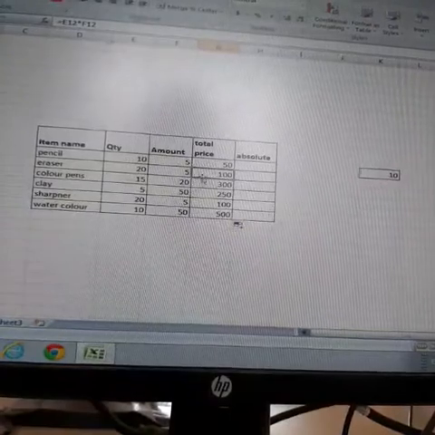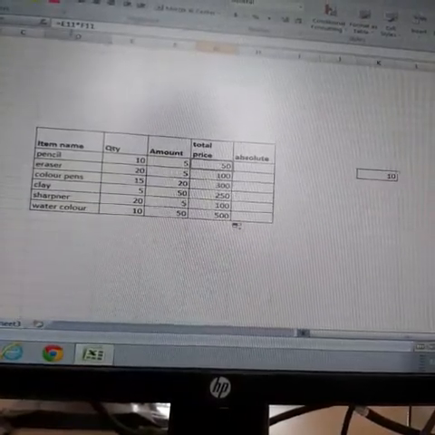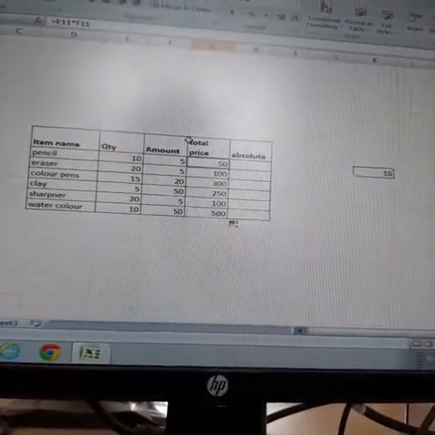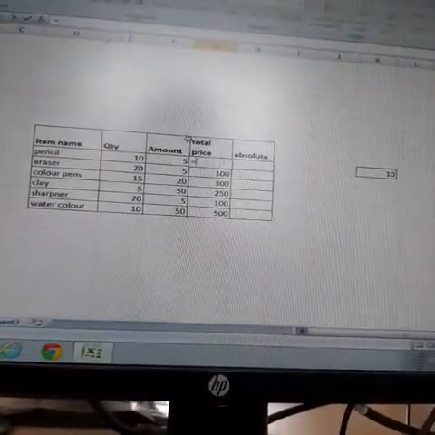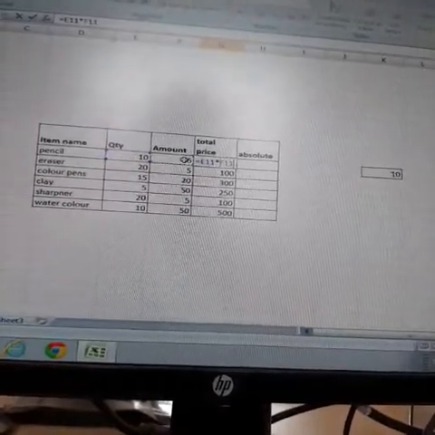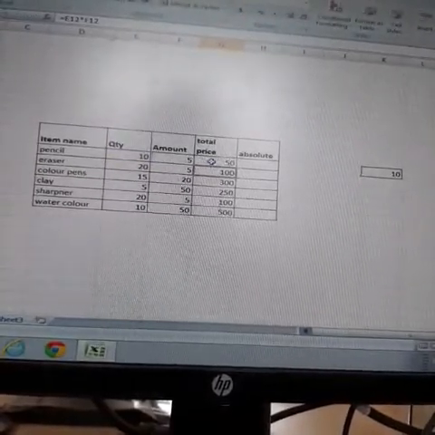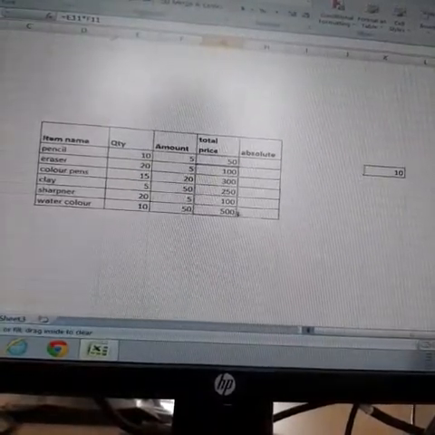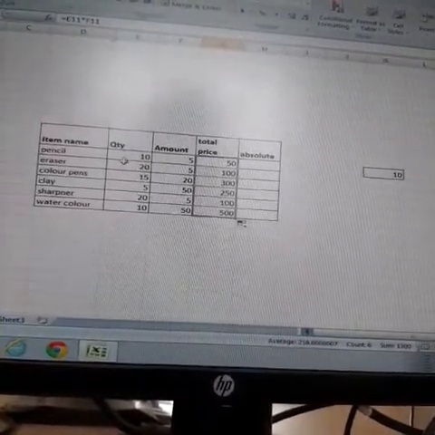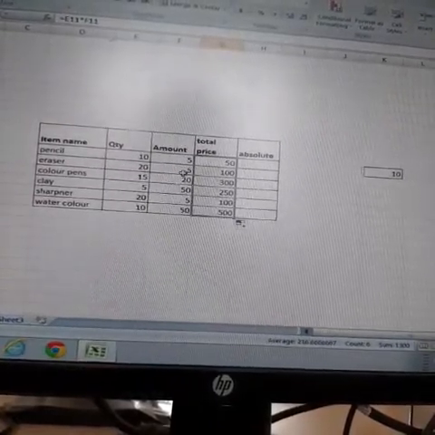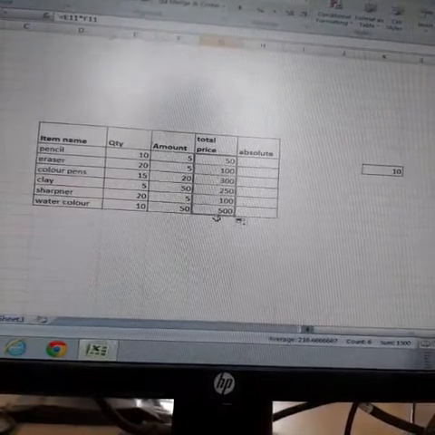So this is relative. When I type the formula equal to this one into this one and press enter, it will give the answer. And when I drag it, it will relatively take all these values, multiply this by this, and give me the answer. This is the relative reference.